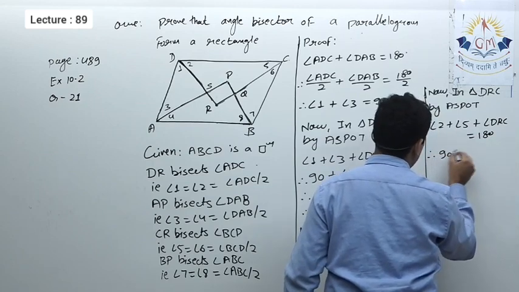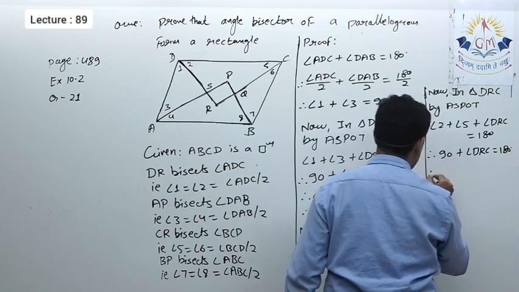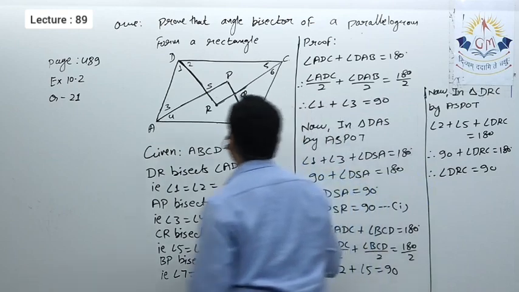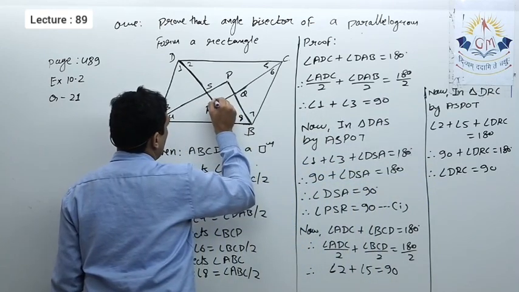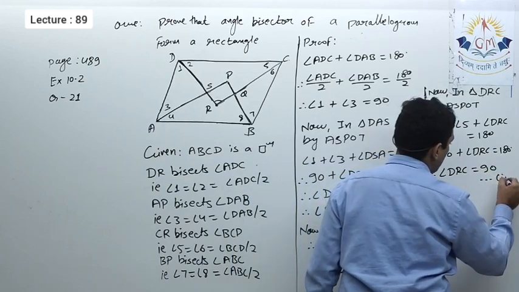Therefore 90 plus angle DRC is equal to 180. Therefore angle DRC is equal to 90 degrees. So we got the measure of angle DRC. Okay, this is equation number 2.